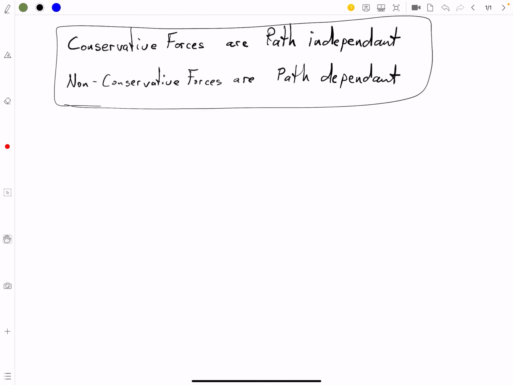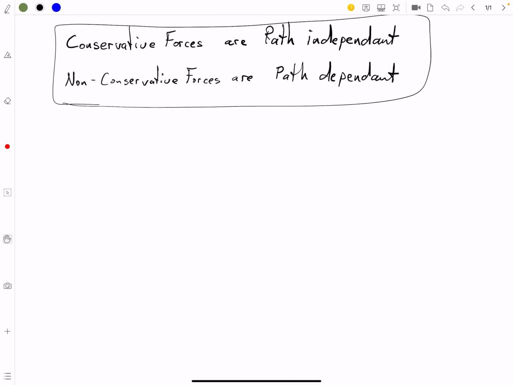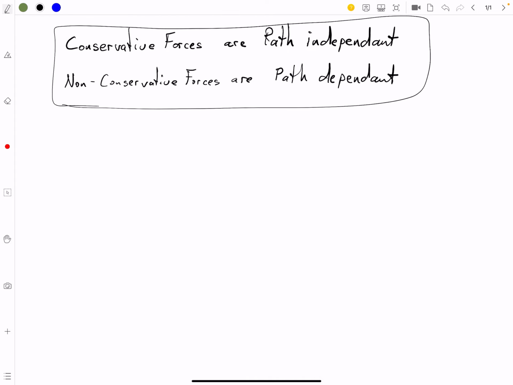So here we are. We've got our couch. We're going to go up the stairs. Uno, dos, tres, cuatro, cinco. And then throw it out the window. Okay, we can do that.